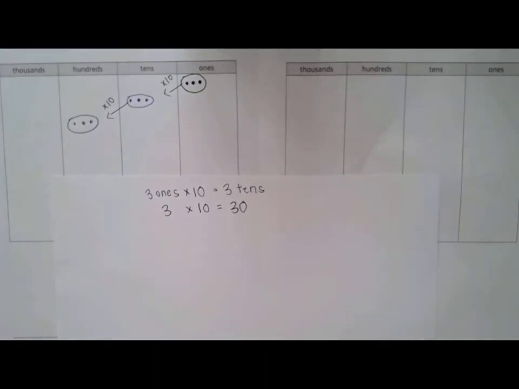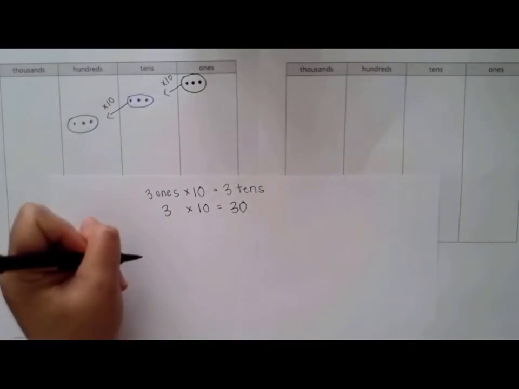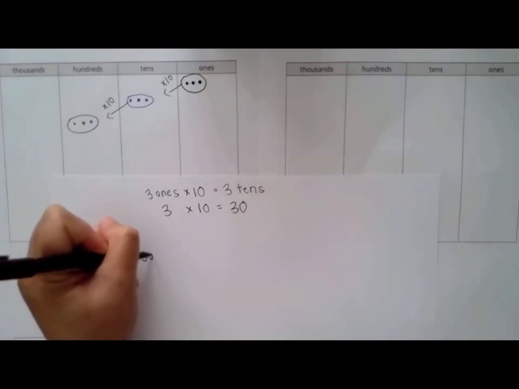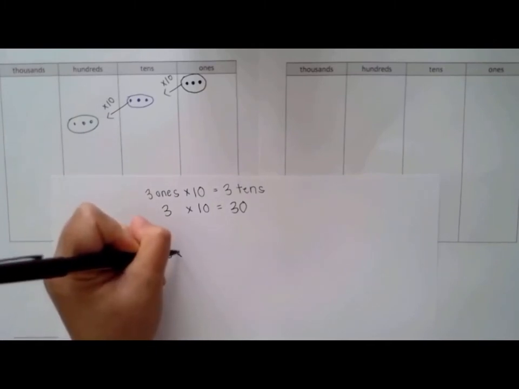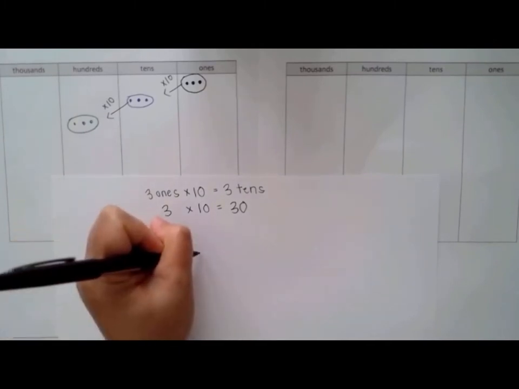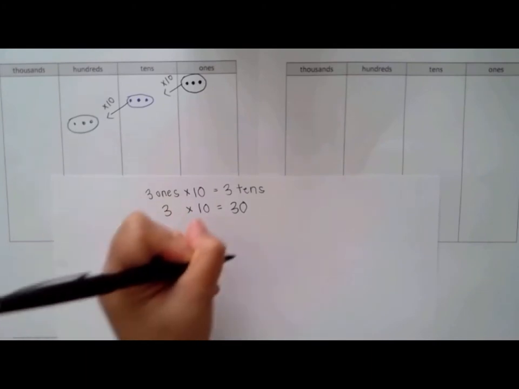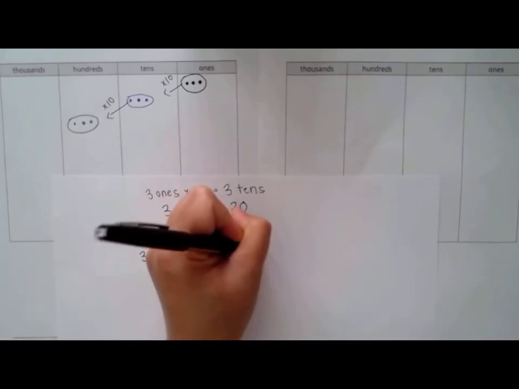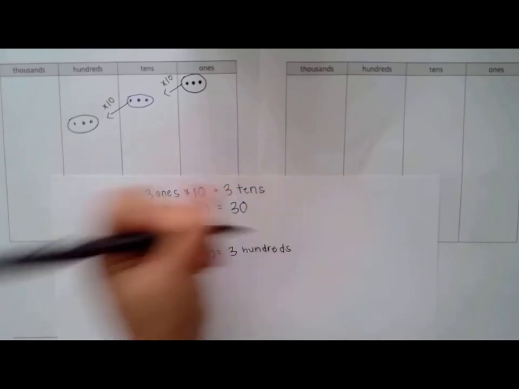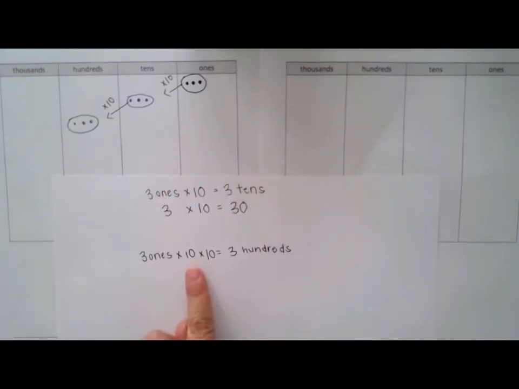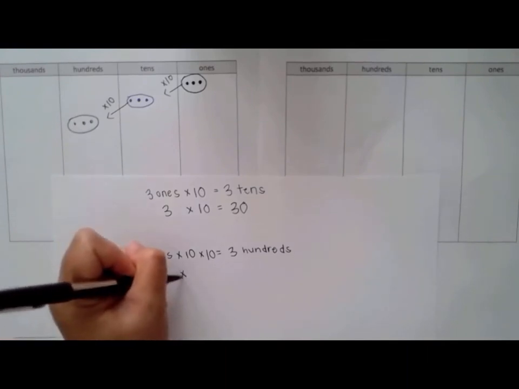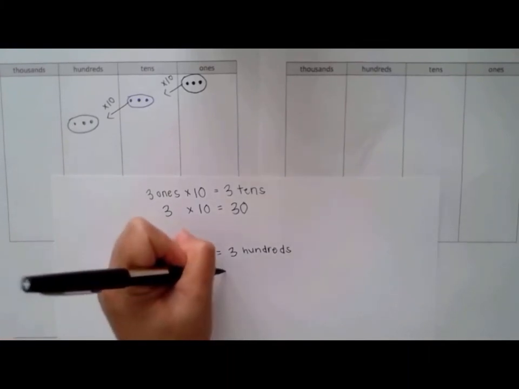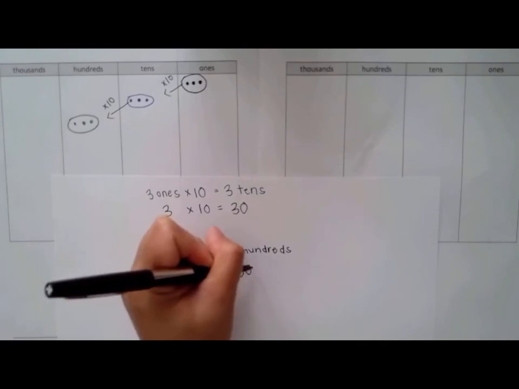Let's write this out as an equation. 3 ones times 10 times 10 equals 3 hundreds. Three ones times 10 times 10 is really 3 times 100, which equals 300.